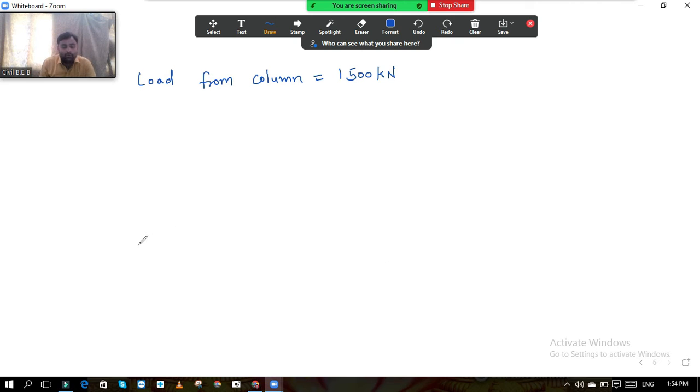Now we don't know what is the self weight of the footing. So what we will do, we will assume the self weight. How much do we assume? We assume 10%.